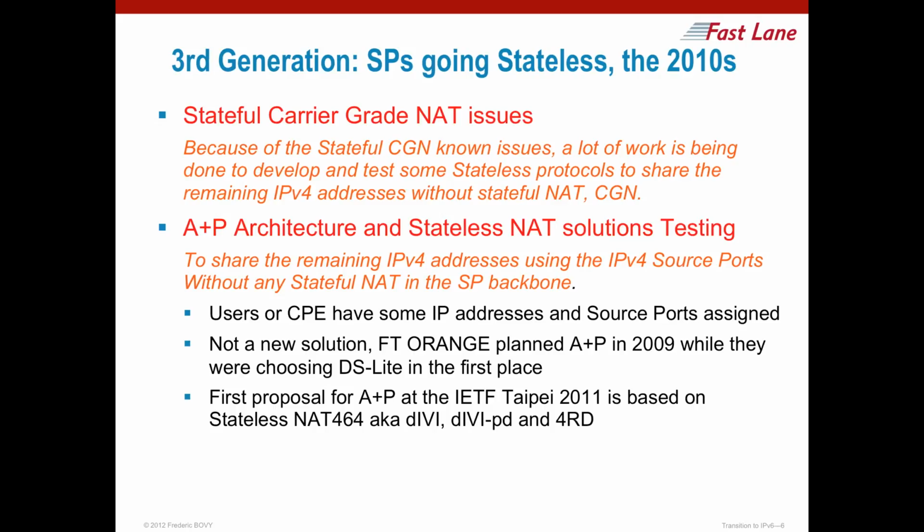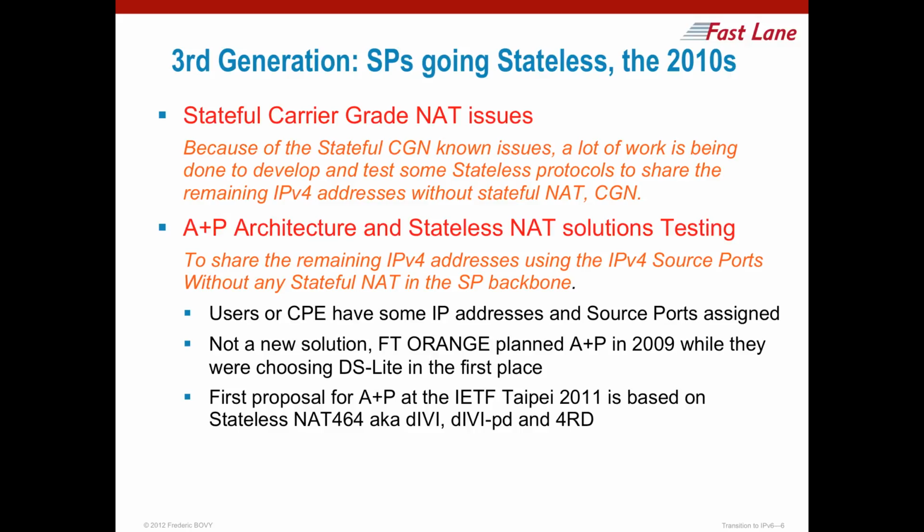What I call the third generation of tools was actually started at the same time as the second generation. Basically, it is the same service, but without stateful NATs. The most popular architecture is A+P.